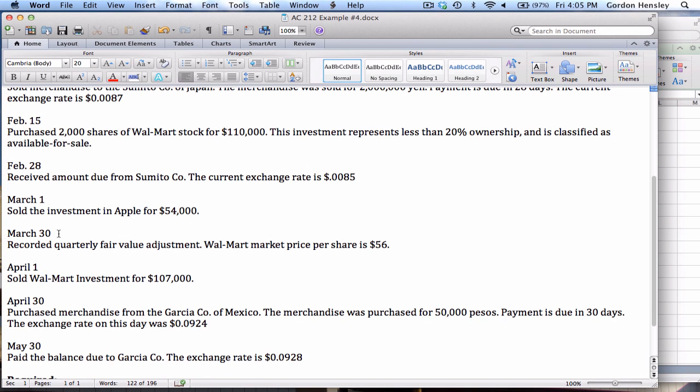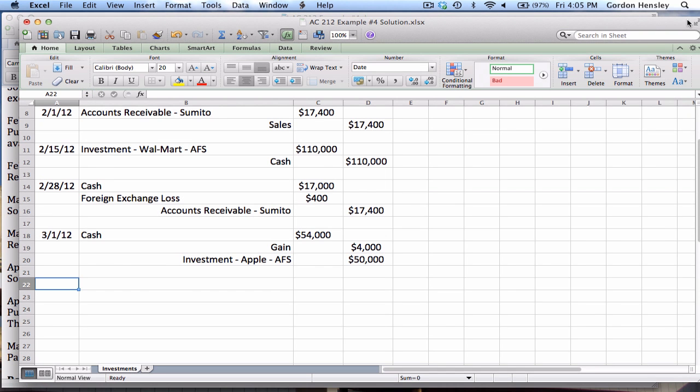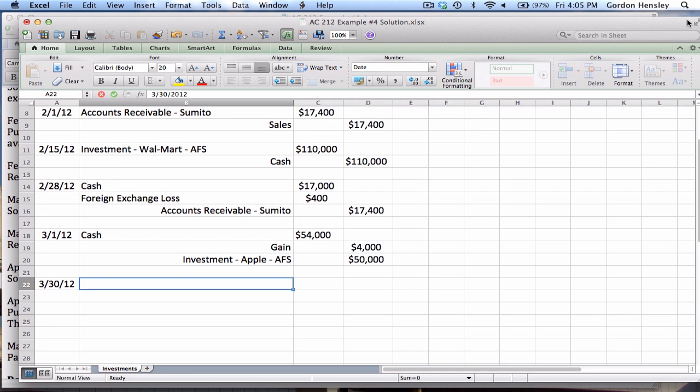On March the 30th, record the quarterly fair value adjustment. At that date, the Walmart market price per share is $56. So this is on March the 30th. Now remember, every quarter we're going to do these adjustments. And it's the first quarter because it's January, February, March. It's the end of March. Now we only have to do this adjustment on stocks that we still own.